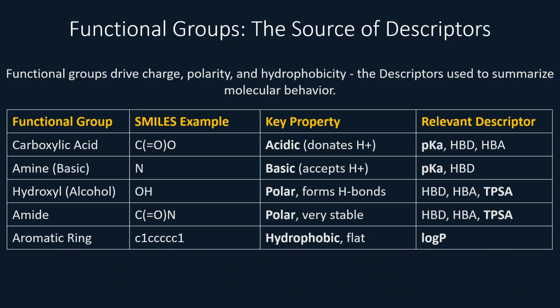Acids and bases determine ionization and charge state, which is captured by pKa. Polar groups such as hydroxyls and amides govern hydrogen bonding and polar surface area. Aromatic rings contribute to hydrophobic character and influence logP.